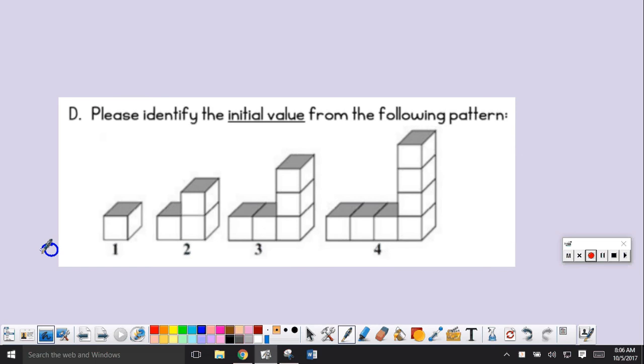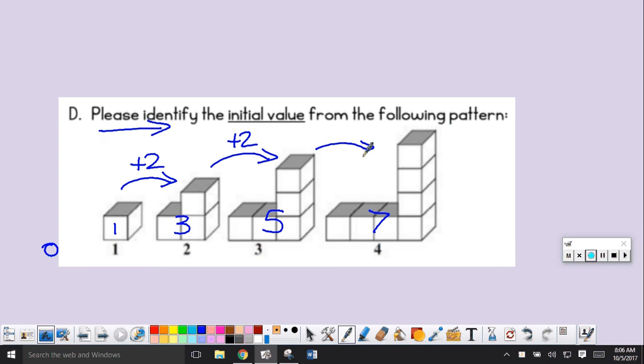From figure 1, which has 1 square, to figure 2, which has 3 squares, I need to add 2 squares. Then figure 2 to figure 3 has 5 squares. I'm also adding 2. And then from figure 3 to figure 4, from 5 to 7 squares, I'm also adding another 2. So any way that I'm moving in this direction forward, I'm adding 2 squares.